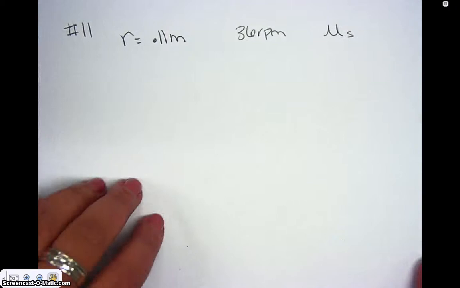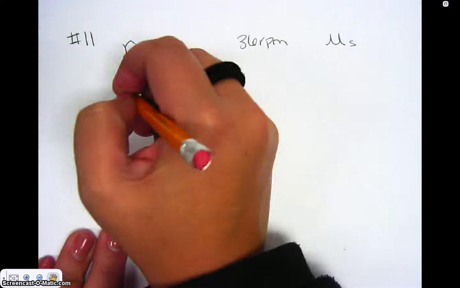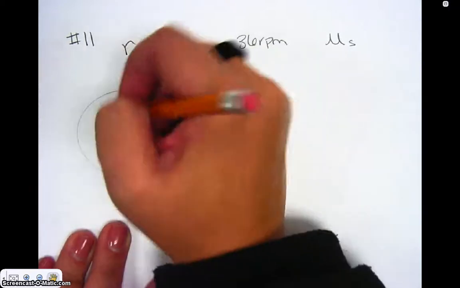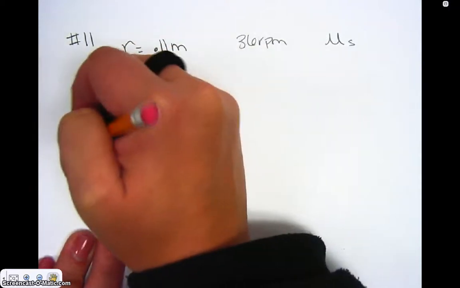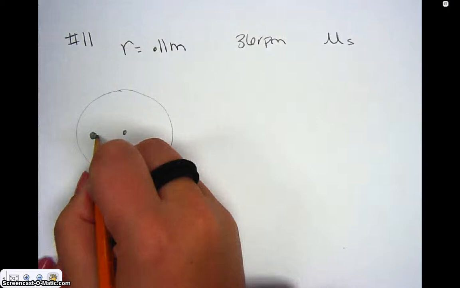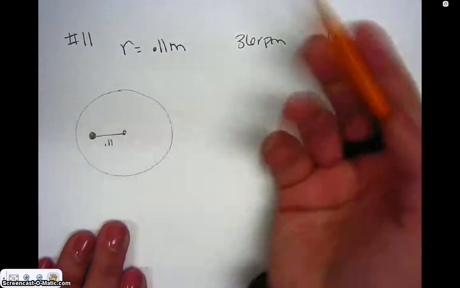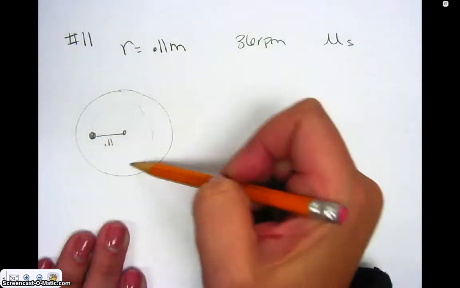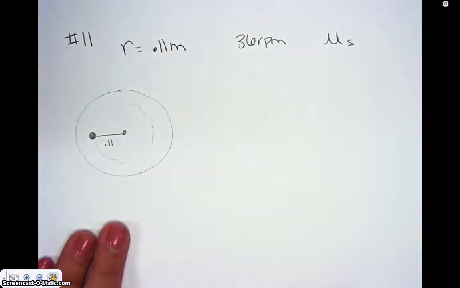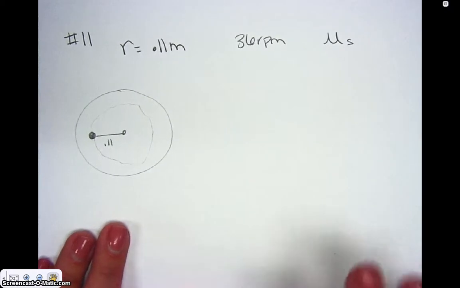Let's talk about what forces are at play here. We have a record player like this, and a coin over here, and the radius is 0.11, and it's spinning around in a circle. So when it's sitting on that surface, what is causing the centripetal force?